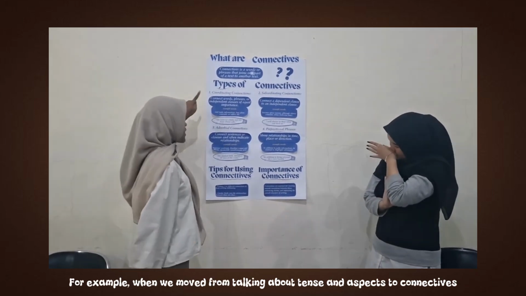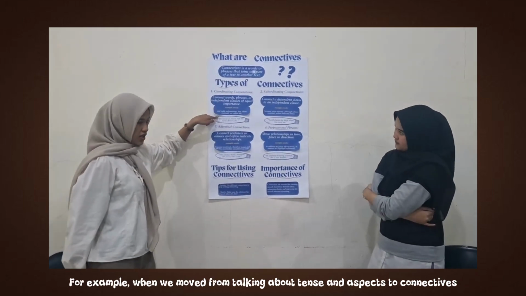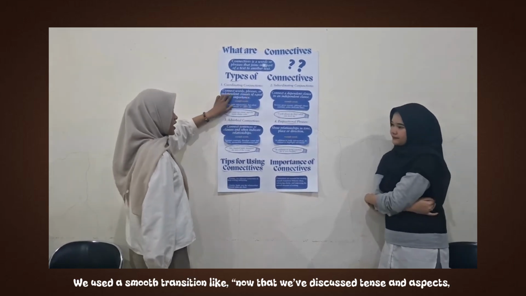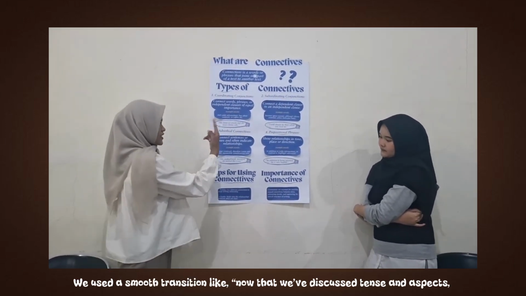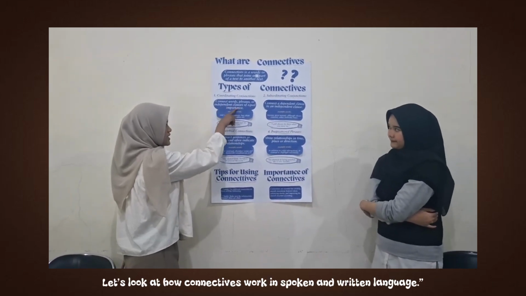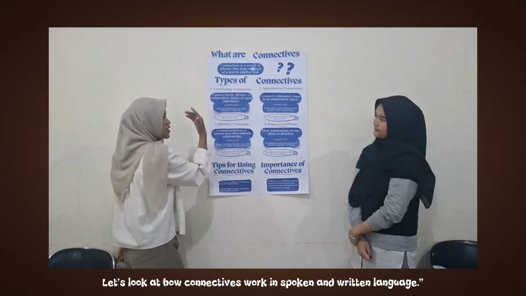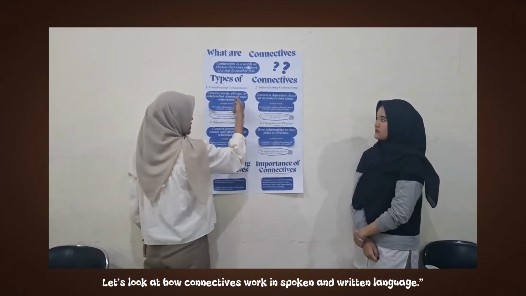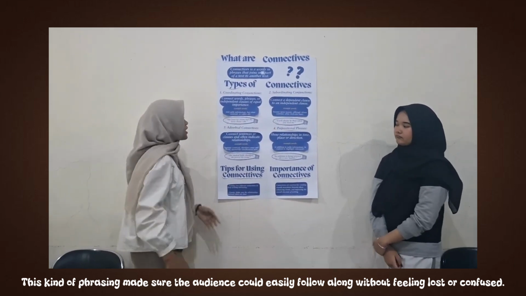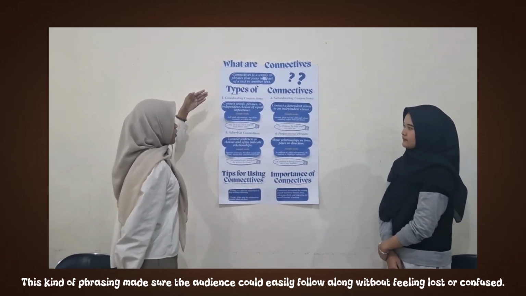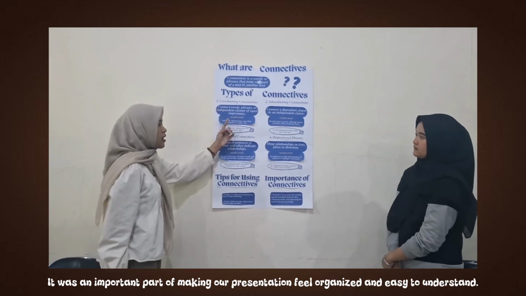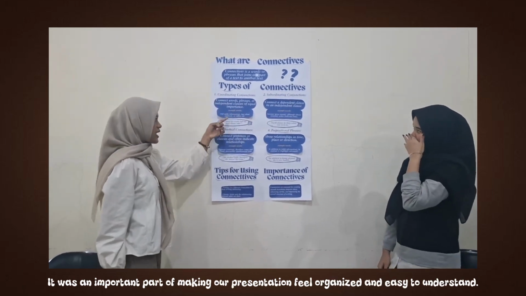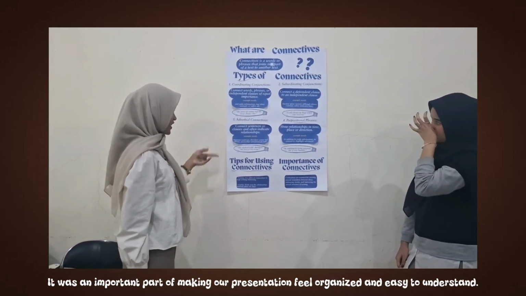For example, when we move from talking about tense and aspect to connectives, we use a smooth transition like, "Now that we've discussed the tense and aspects, let's look at how connectives work in spoken and written language." This kind of phrasing made sure that the audience could easily follow along without feeling lost or confused. It was an important part of making our presentation feel organized and easy to understand.